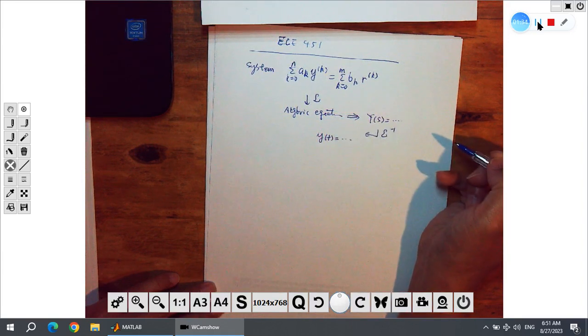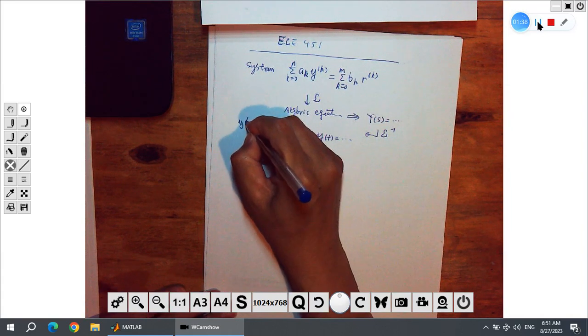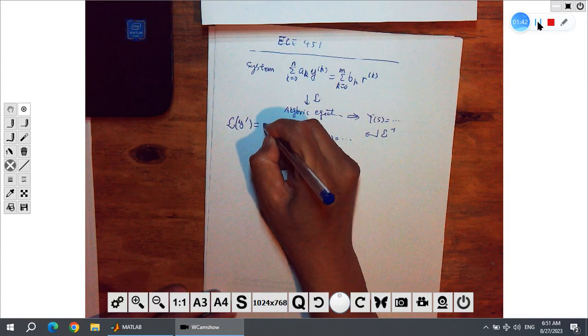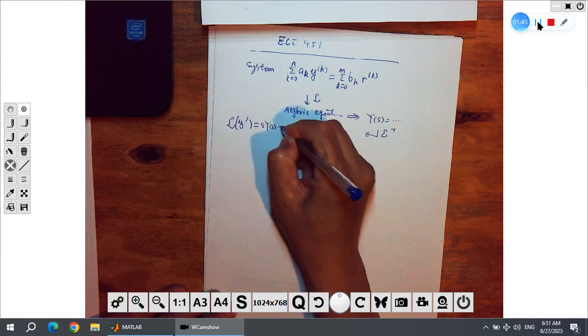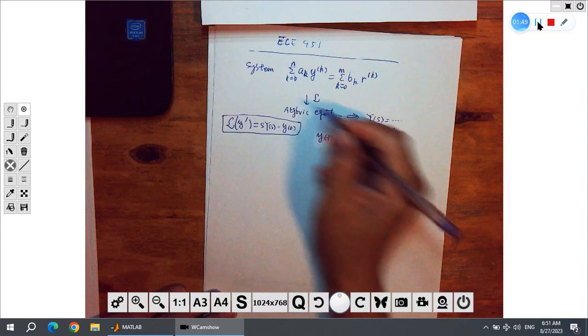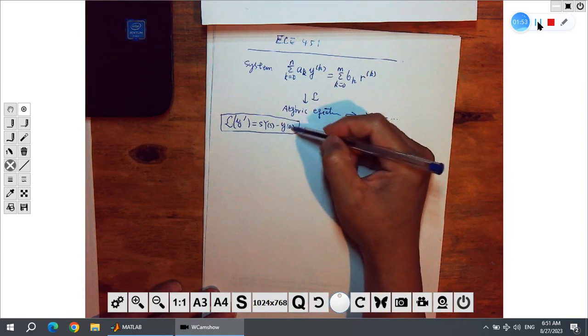Here the key formula is this one: the derivative of y, under the Laplace transform, gives s times capital Y of s minus y of 0. So in all these calculations you need to know the initial values.